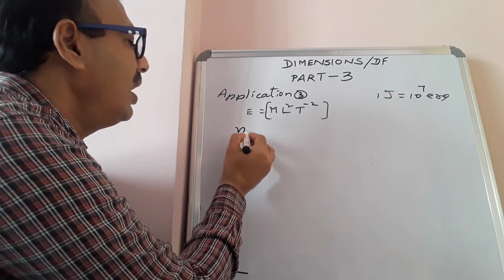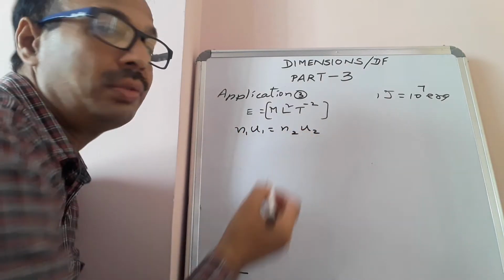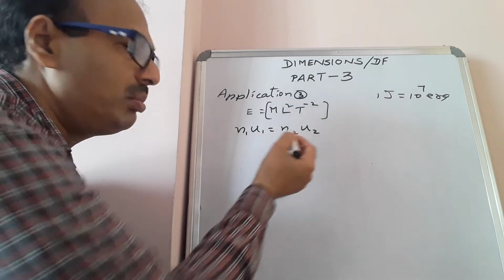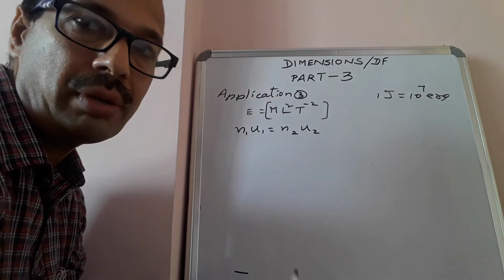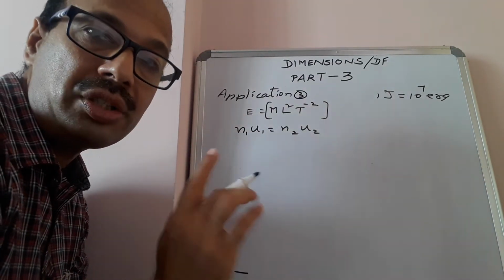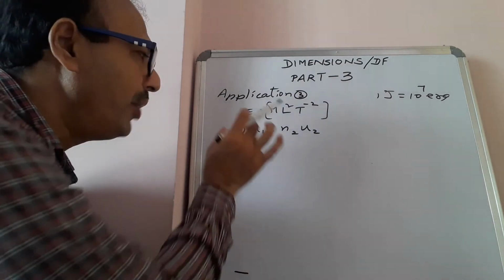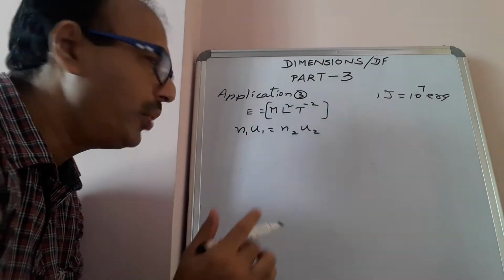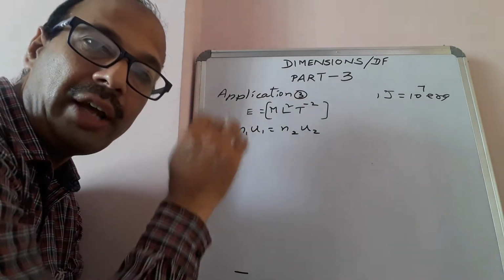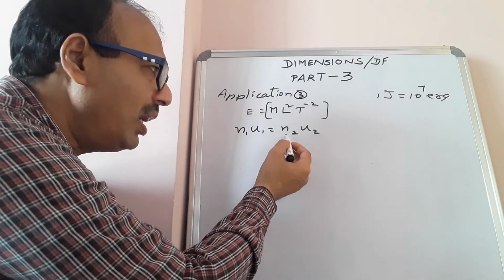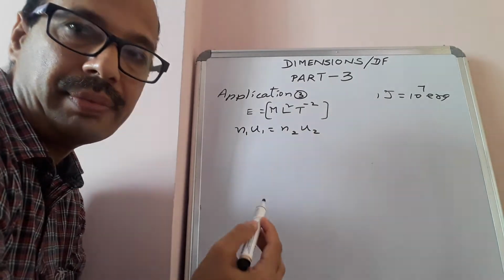Now let us write down n1 u1 is equal to n2 u2. This is the magnitude in SI system, this is the magnitude in CGS system. Magnitude will remain same either in SI system or in CGS system or in any other system. So magnitude is nothing but numerical value into units in that system. Similarly, numerical value into units in CGS system.